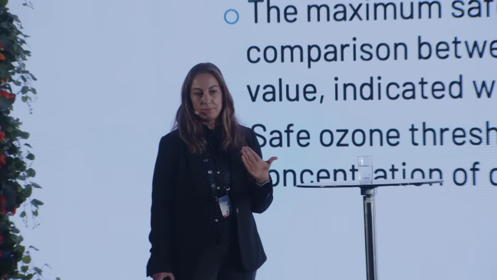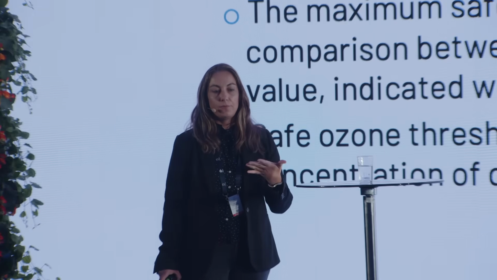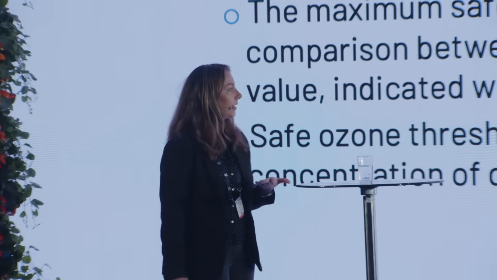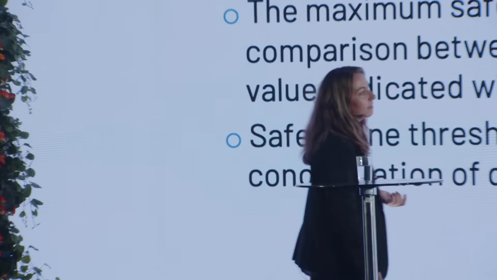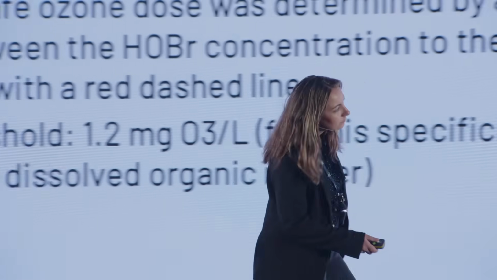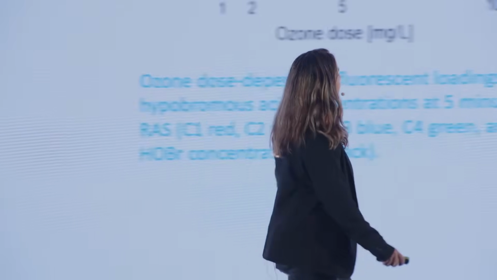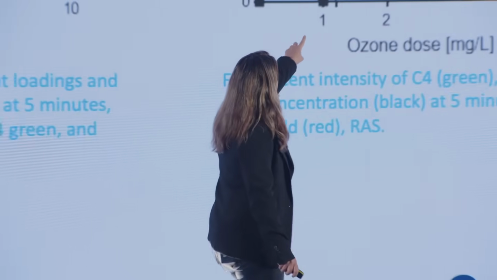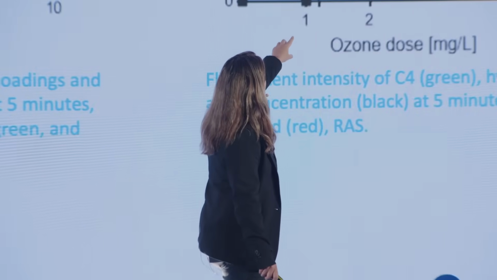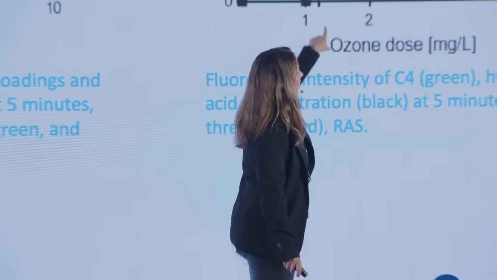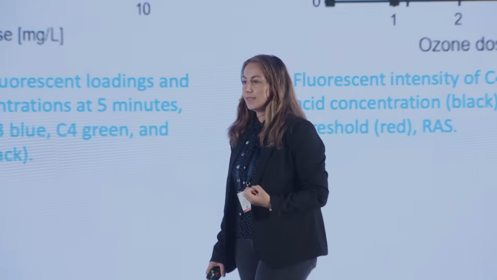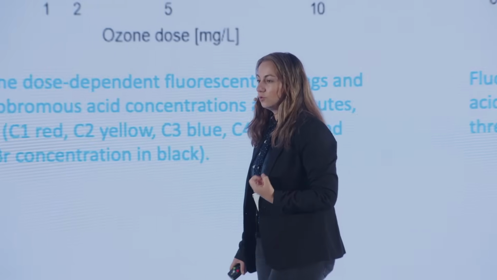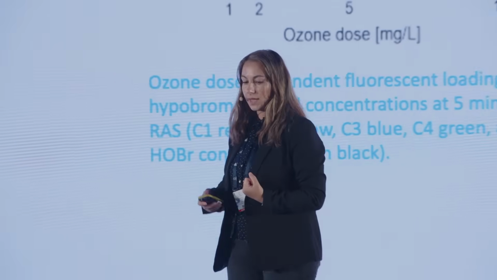Above 20 ppb, the welfare of the fish is compromised. And in this graph here, we can see that 1.2 milligrams per liter is the right ozone dosage for this system in order not to make any hypobromous acid.